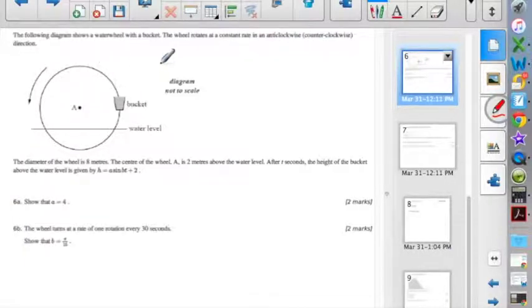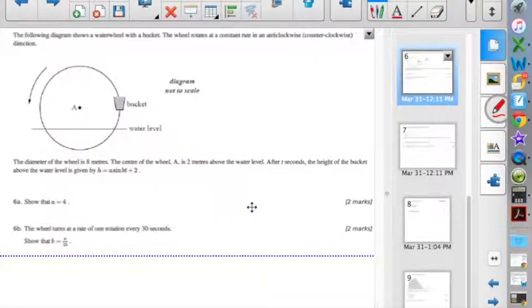Here we have a water wheel with a bucket. The wheel rotates at a constant rate in a counterclockwise direction. The diameter of the wheel is 8 meters. The center of the wheel, A, is 2 meters above the water level.